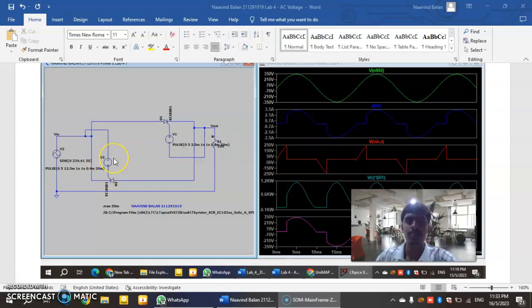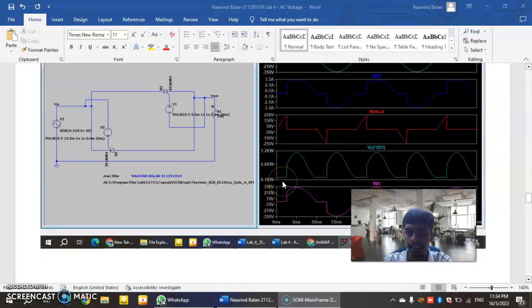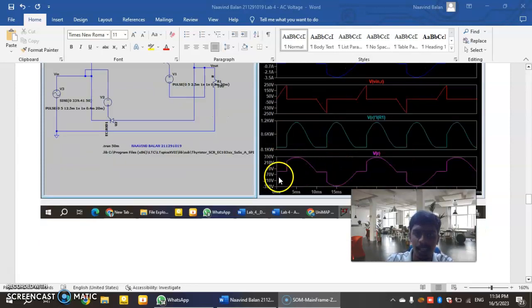Then after some supply on the SCR's gate, the gate will open and it will go through the bottom side for the negative cycle, and then back to the positive side, waiting for the gate supply to open. Same goes for input and output. The power is zero before the firing angle, and once the firing angle is triggered, it gets some value, and then the output.